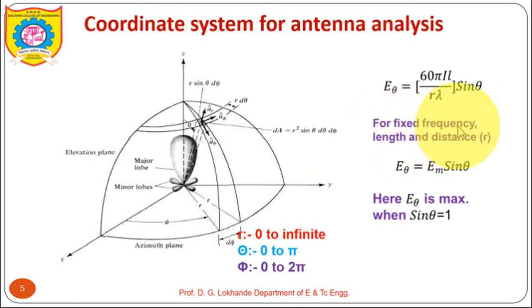So for fixed frequency, length and distance r, all these parameters are fixed, and this is the maximum one, represented as E of m. So E of theta is equal to E of m sine of theta.